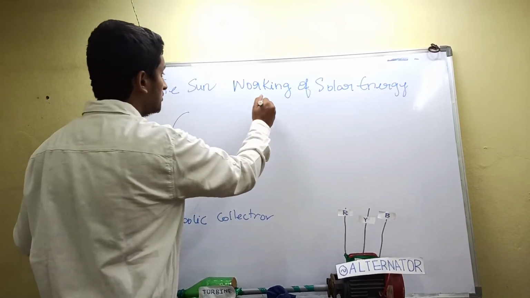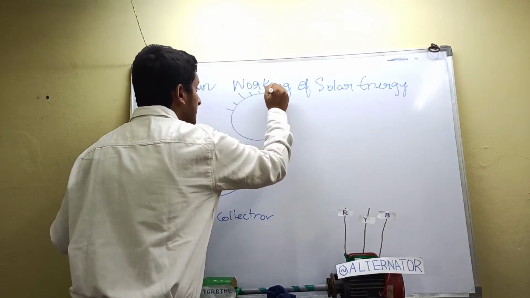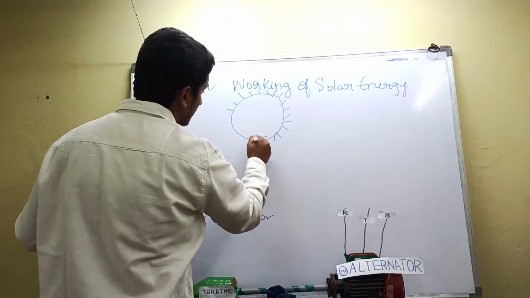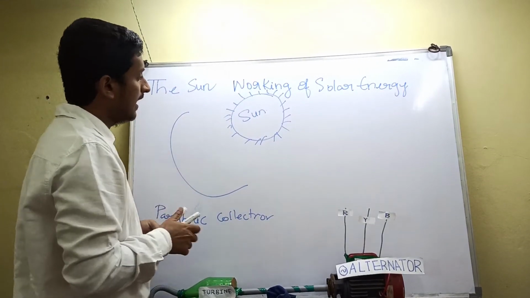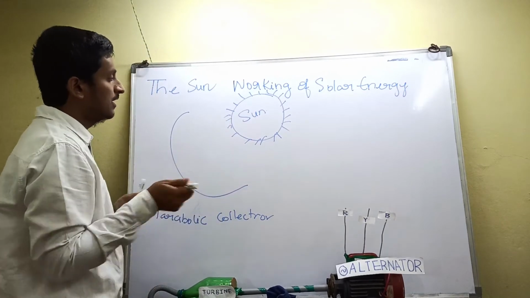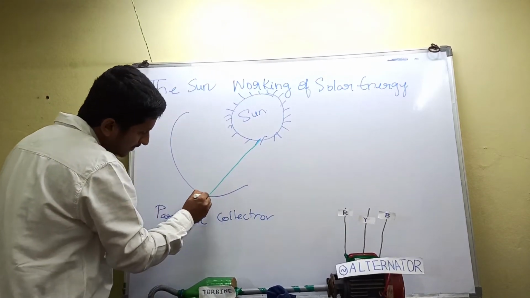Now, suppose the sun is here. You can see that when the sun is here, the sun rays will be falling directly onto this parabolic plate.